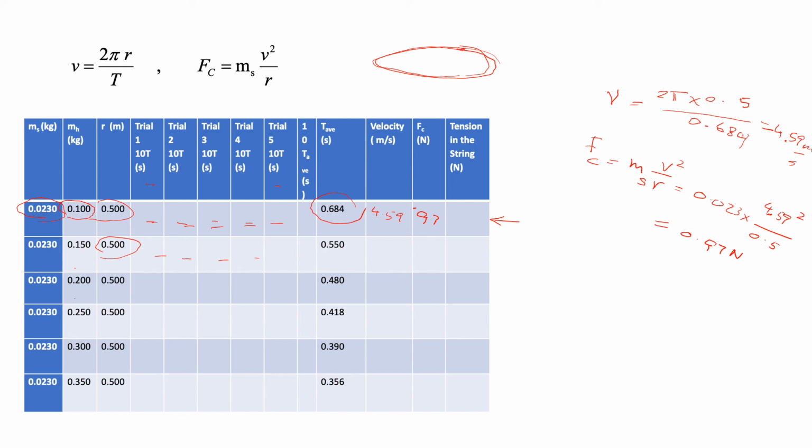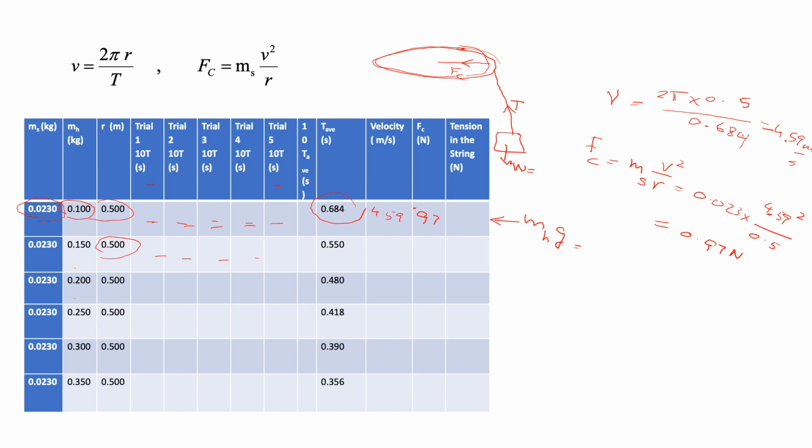And then the tension in the string. Remember, it's in a circular motion. You have the centripetal force, and on the other hand you have the hanging mass, which gives weight, which is the tension on the string. The tension is the same as the hanging mass's weight, which is equal to m hanging mass times g.